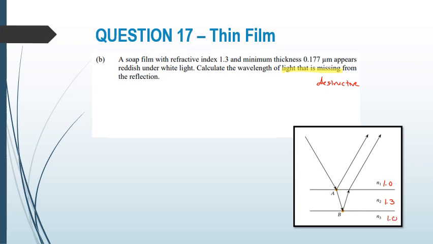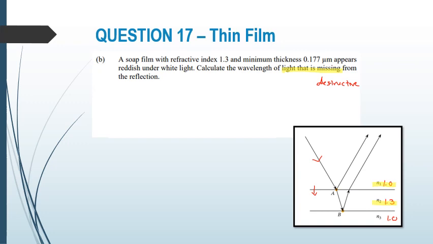So what happens right here is you have an incident light ray. When it hits point A, the light is going to travel from a less dense medium towards a denser medium. How do I know? Based on the numbers of refractive index. So the first layer you have 1, okay, so 1 towards 1.3, from less dense towards denser medium.